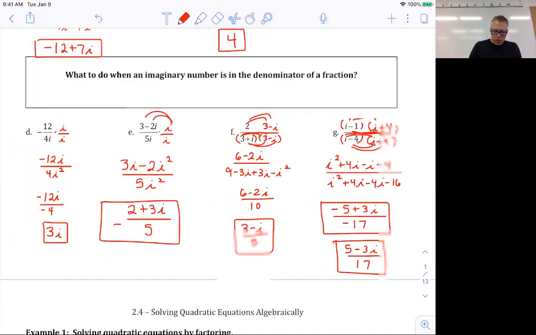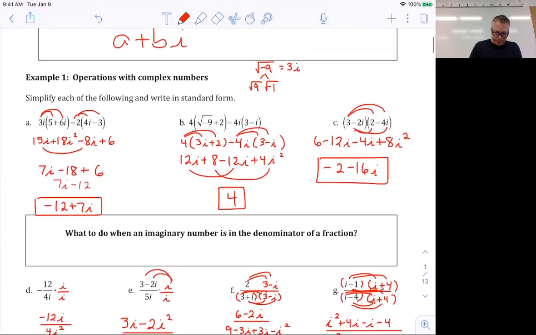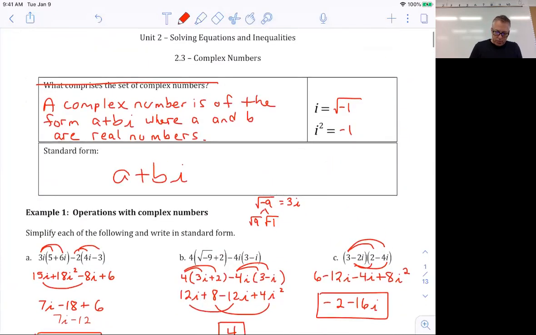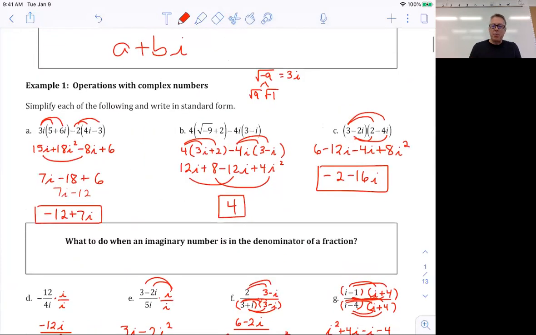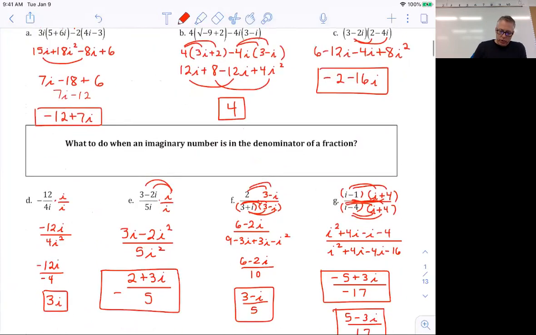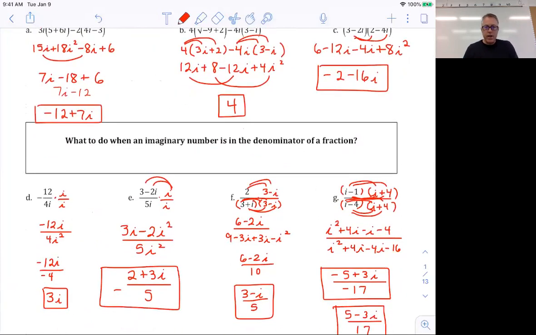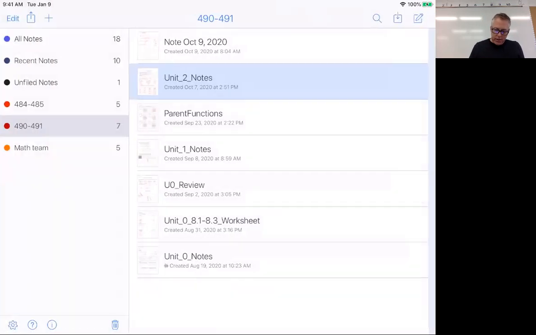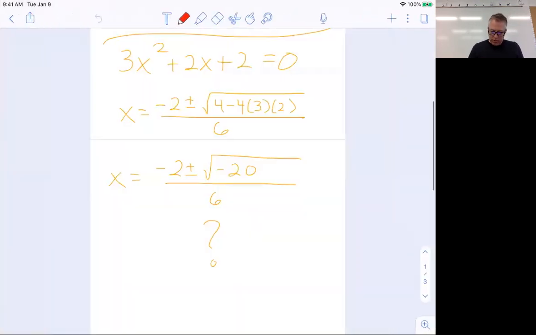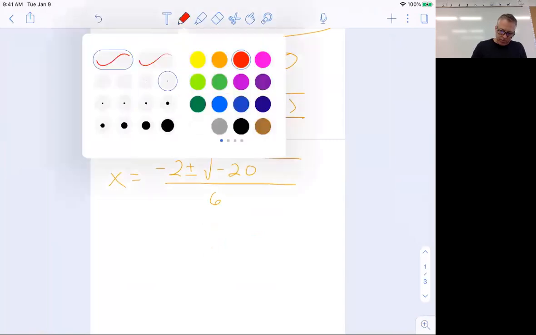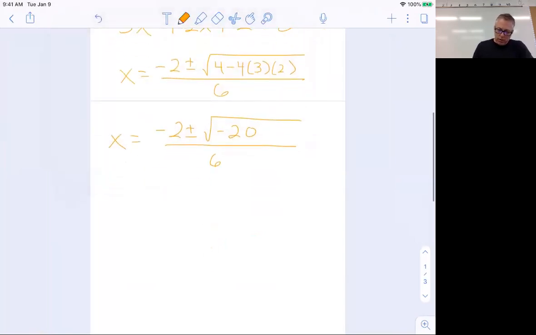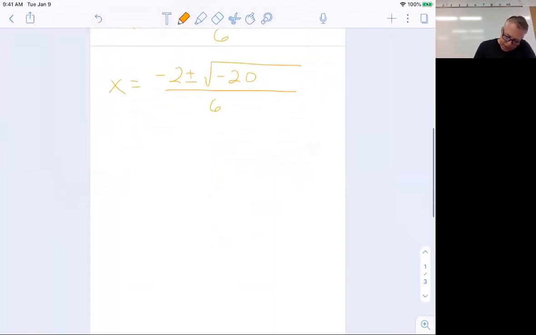All right, so we have our what a complex number is. We did some operations of that, and then we did rationalizing the denominator. So to get back to where we started, remember, we left this problem right here. Well, now we know that the square root of negative 20, I could do a factor tree. I'll write that down here.